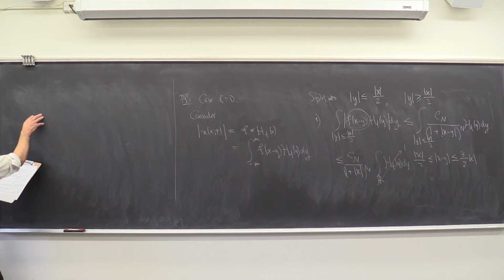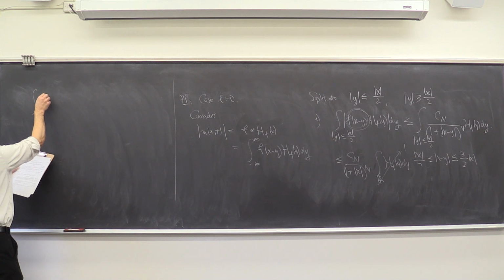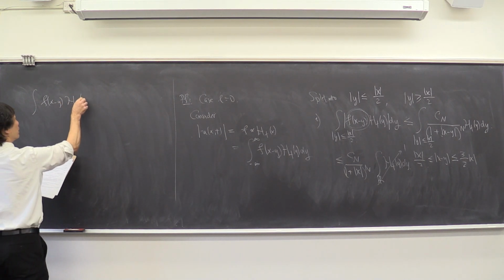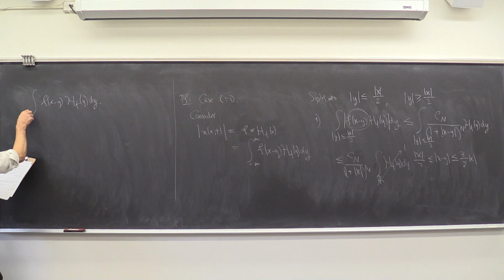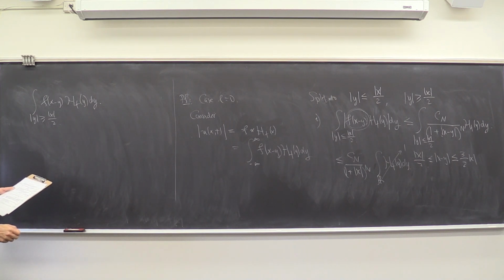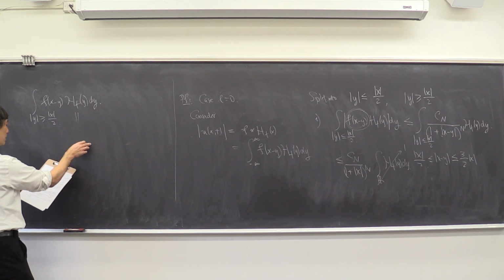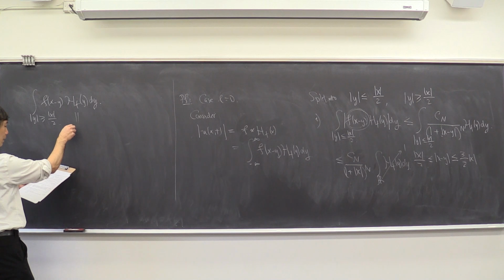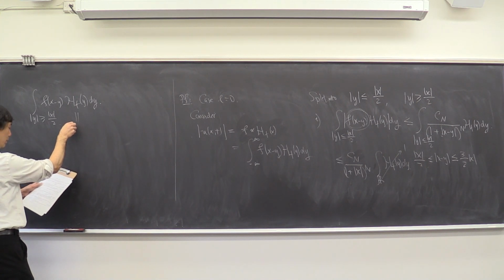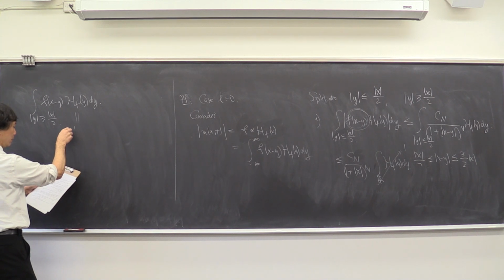So for the second part, we're looking at f of x minus y times the kernel, for y that's bigger than x over 2, and you say, well, look, the heat kernel is this thing. Is that right?